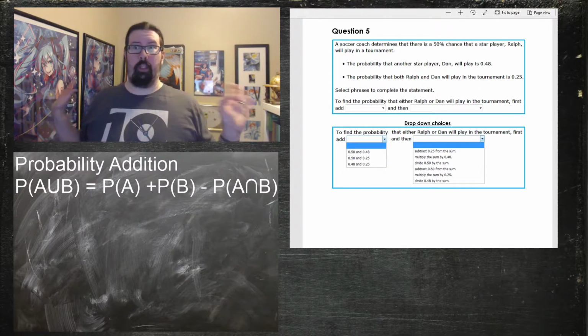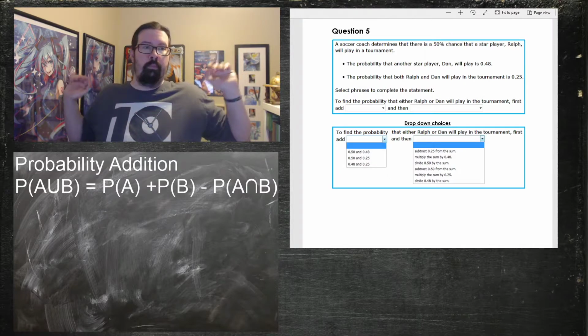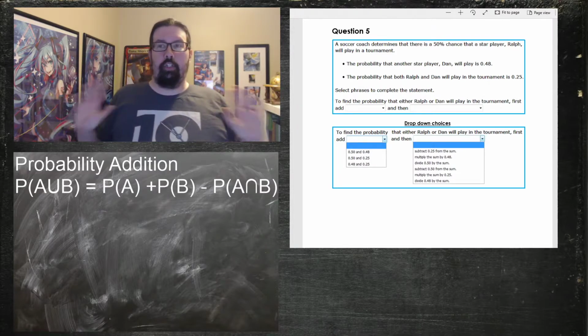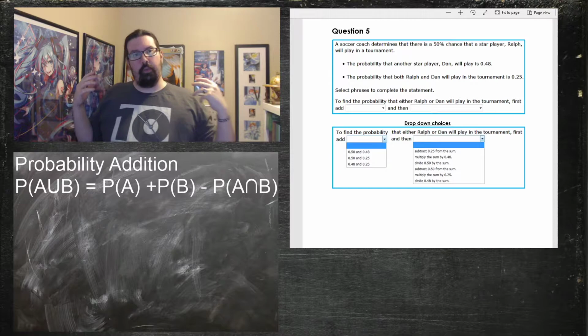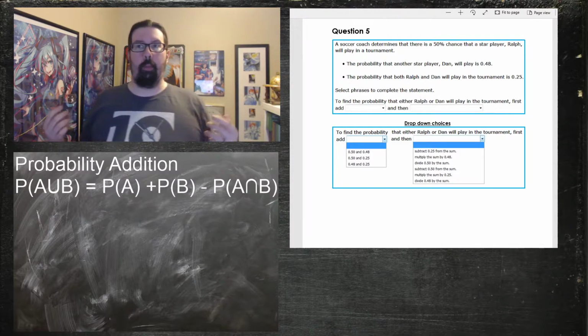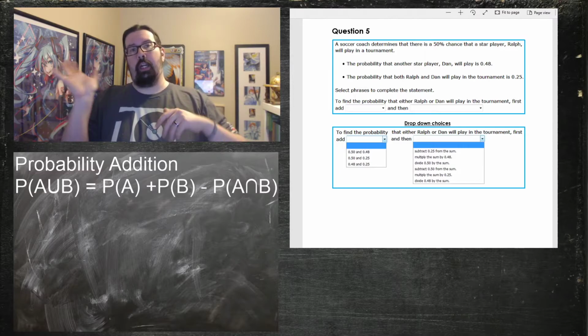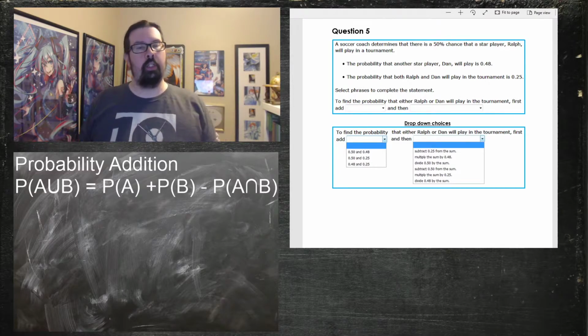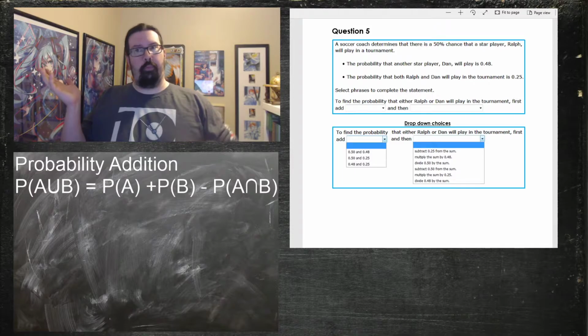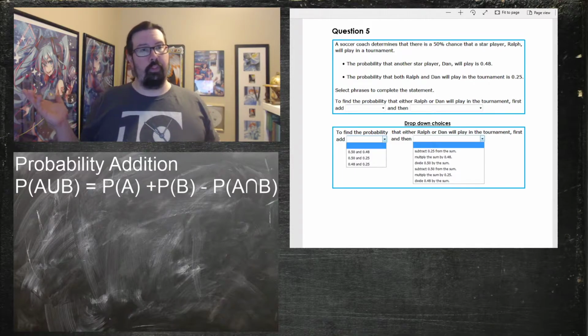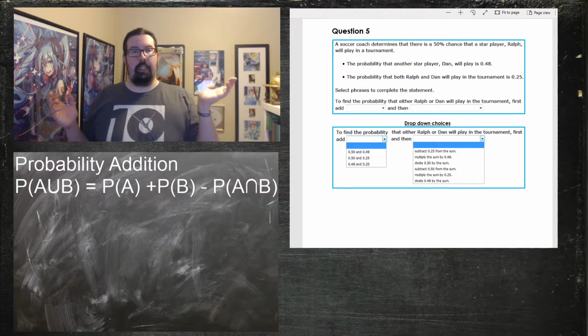Let's say you don't know anything. You need to add two things together. If you want to add two things, you probably want to add Ralph and Dan. It would make sense that you want to add Ralph plus Dan, right? So we have a separate Ralph and a separate Dan. The Ralph is 0.5, and then Dan is 0.48.